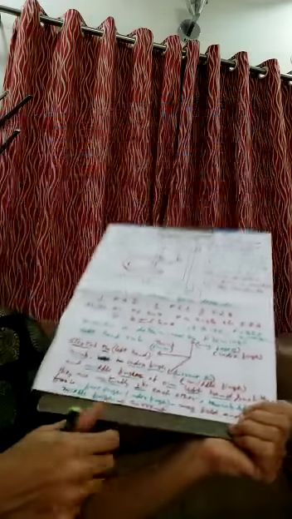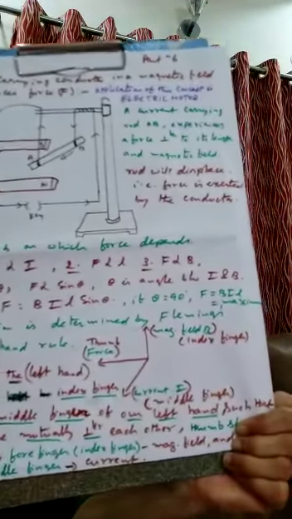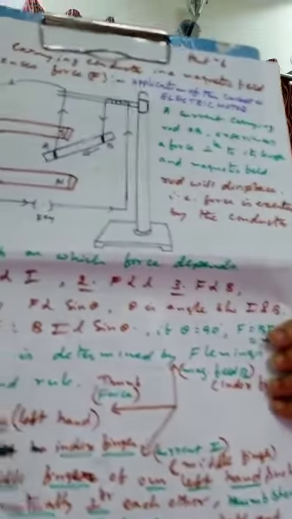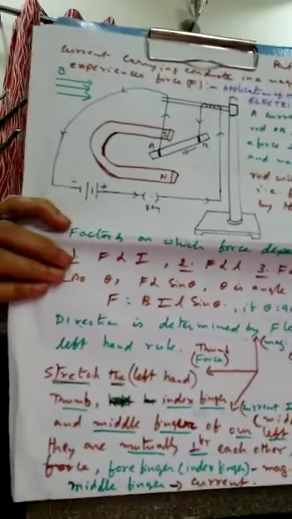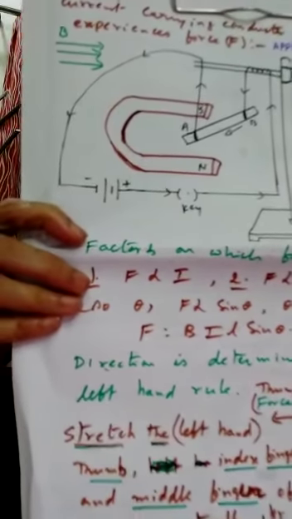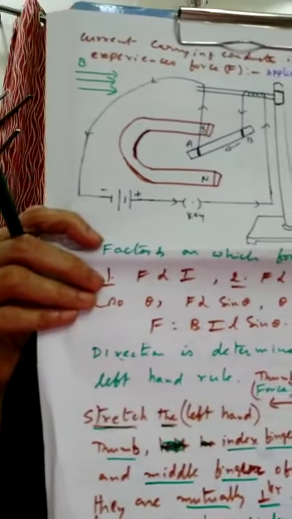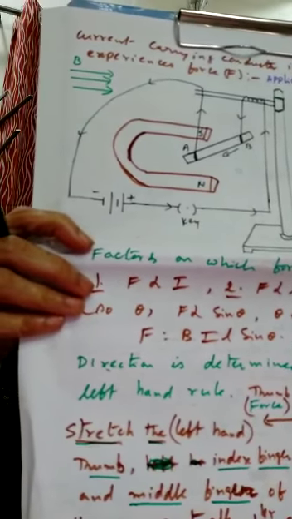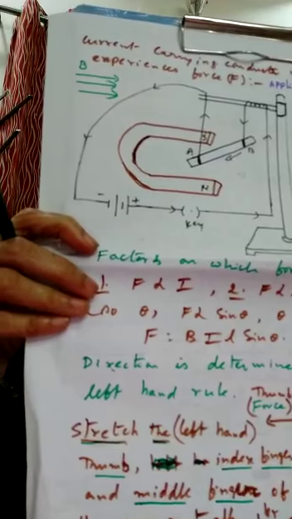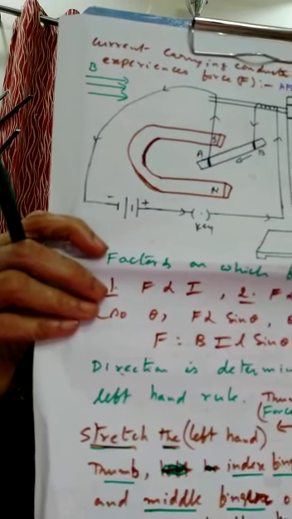The thumb shows the direction of motion, that is force, the forefinger or index finger shows the direction of the magnetic field, and the middle finger shows the direction of current. In this way, we remember Fleming's left hand rule.